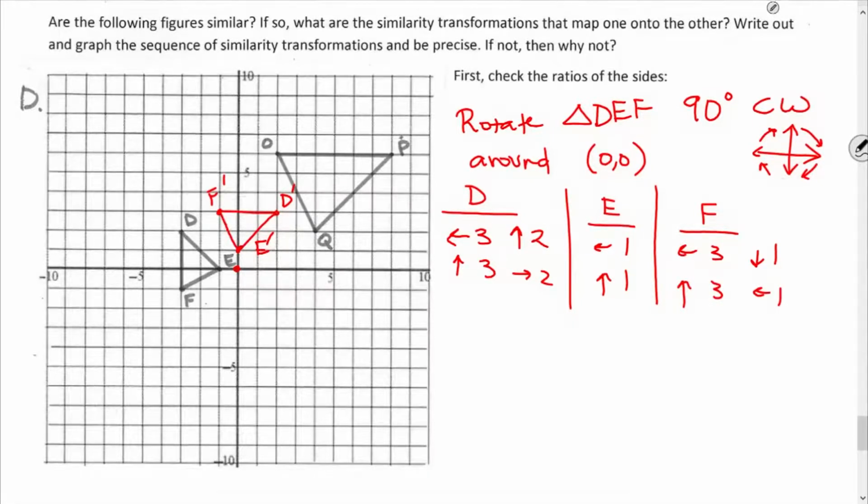And now that I have that in the correct orientation, it's very easy for me to check the ratios of the sides and to find the dilation that I would need to map triangle D prime, E prime, F prime onto triangle PQO. I'm using the ratio that's bigger than 1 because I need to go from a small triangle to a big triangle. So I'm doing big over small, the image over the pre-image, in my ratios.